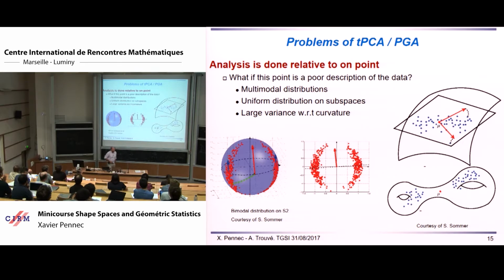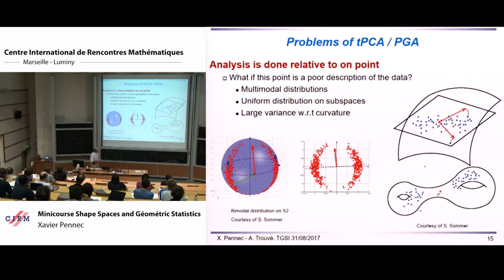Okay, all these methods are intrinsically linked to the fact that we have a subspace which is defined around a point. So it means that if we have this example where we have data on the equator and the mean value is here, well, if your mean point is not within the data, then it's not going to work very well.